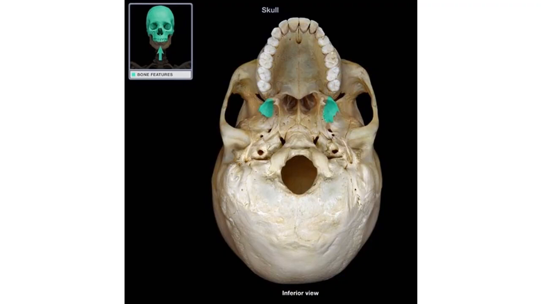It has two wings and a body, and we have seen the body and the two wings. Now what remains is the legs. The legs extend from the body down into the base of the skull. The green marked structures are the legs of the sphenoid bone, which are called the pterygoid processes.